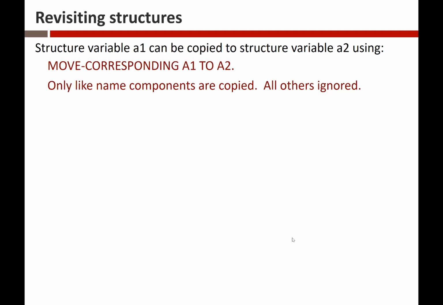Move ADDR1 to ADDR2. Notice that's different than what's on the slide. What this is going to do is move. Now, it's the word move, but it's a copy operation. So the original is not in any way going to be affected, but you're going to be copying this so that ADDR2 now has the exact same information in it as ADDR1.